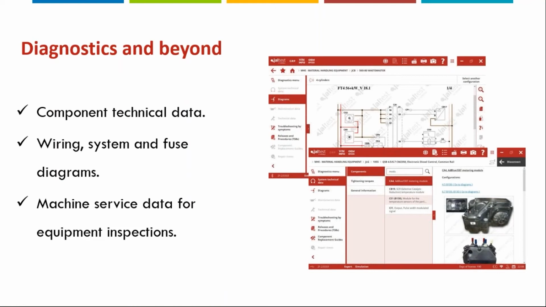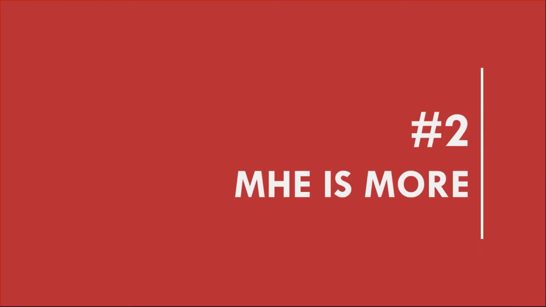As I explained before, we have all the technical information you may need to do the repair or the maintenance on your equipment. We have component technical data, wire diagrams, fuse diagrams, whole system diagrams, and machinery data for the machinery's maintenance and the service.